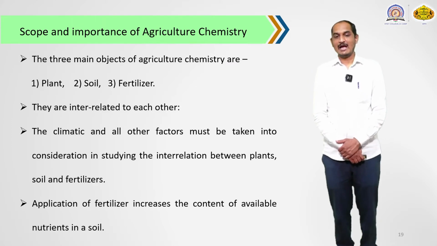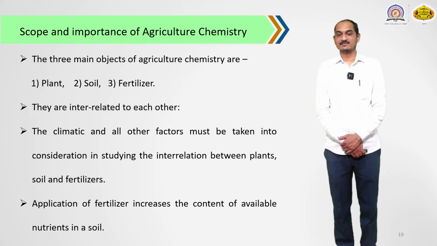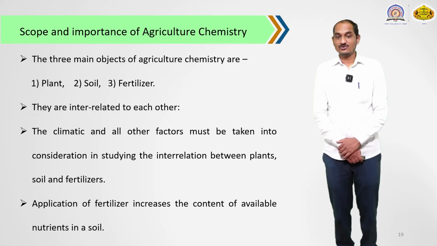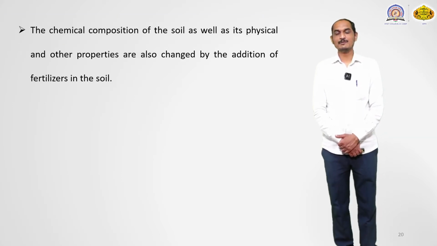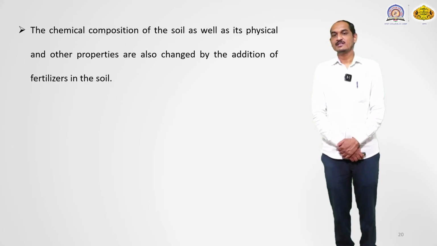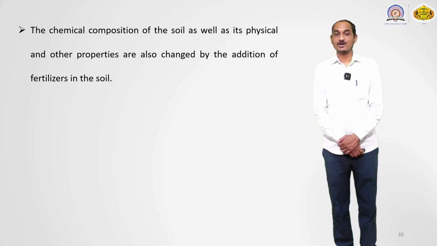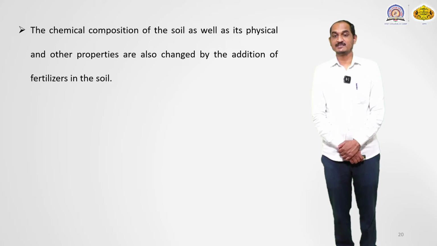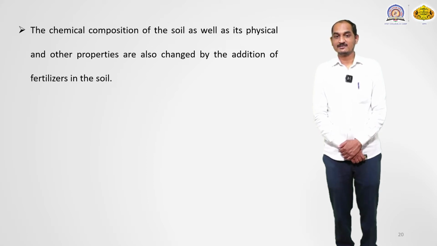Okay, and the application of fertilizer increases the content of available nutrients in the soil. So the chemical composition of the soil as well as its physical and other properties are also changed by the addition of fertilizers to the soil.